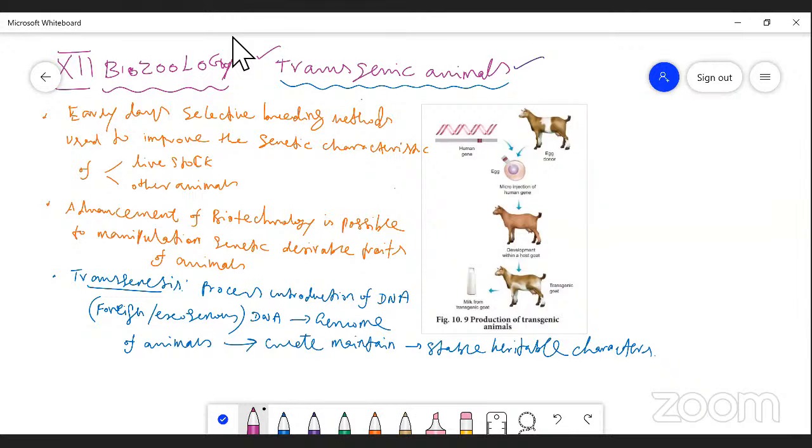In early days, selective breeding methods were used.